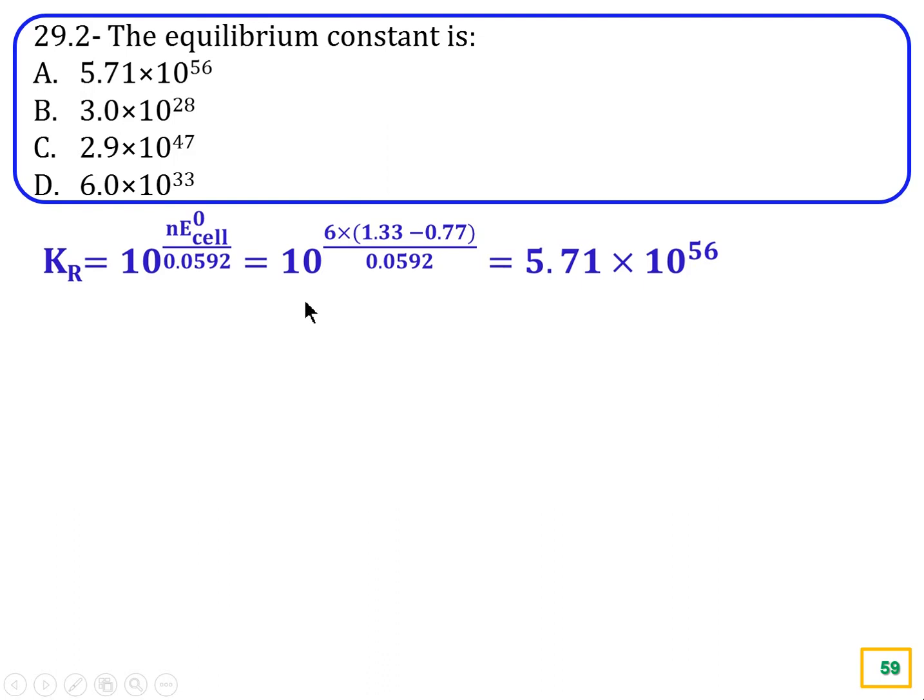So n equals 6. E0 of the cell, (1.36 minus 0.77) divided by 0.0592. So K equals 5.71 times 10 to the power 56. So the correct answer is A. The value of K, as you observed, is very high, so this reaction is complete.